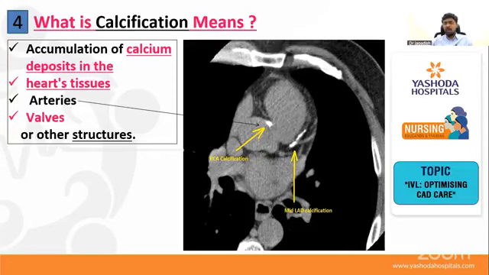But mainly the calcium that we are talking about is calcium deposited in the heart blood vessels and in the heart valves. So IVL is an ideal modality of choice when we see calcium deposits within the heart blood vessels.